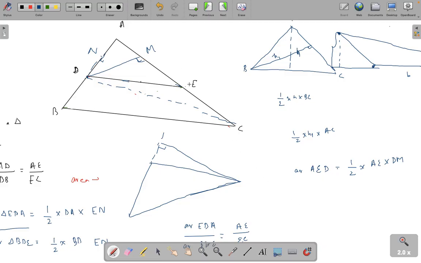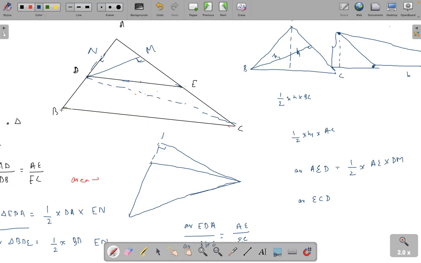Similarly, to have EC, we'll compute the area of triangle ECD, right? So is it necessary to name it ECD, or we can take anything like DEC?